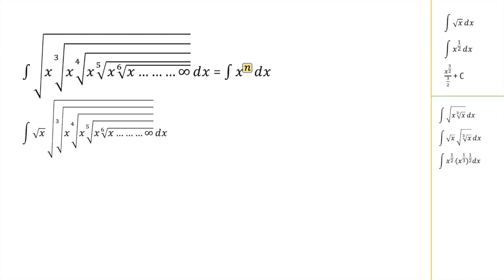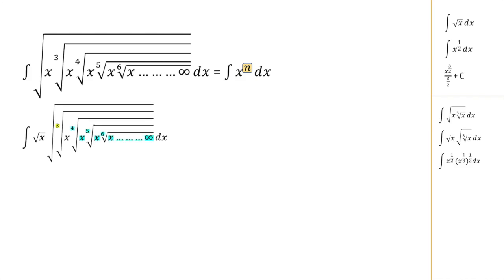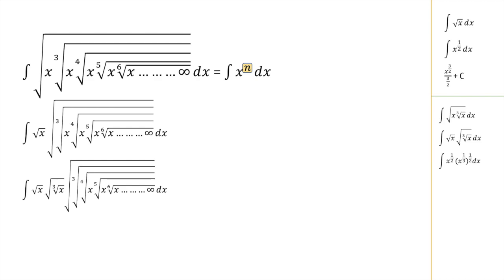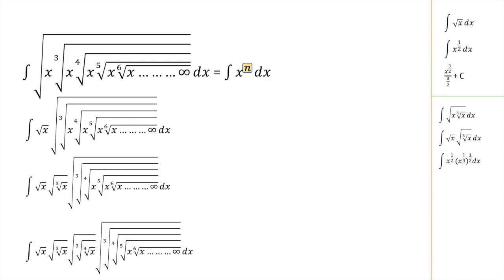Now we can break apart the cube root of x into x and this crazy extended part, which is going to get us square root of x, square root of cube root of x, square root of cube root of fourth root of x times fifth root of x times and so on. Now let's do it one more time with the fourth root of x and we get the following.